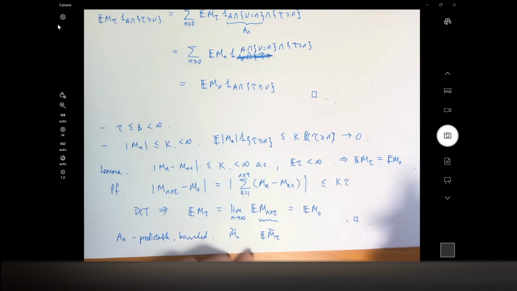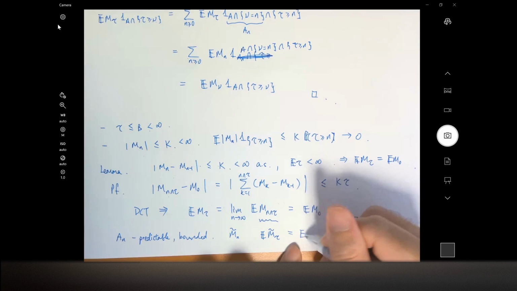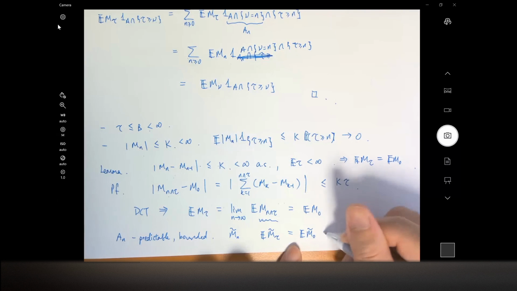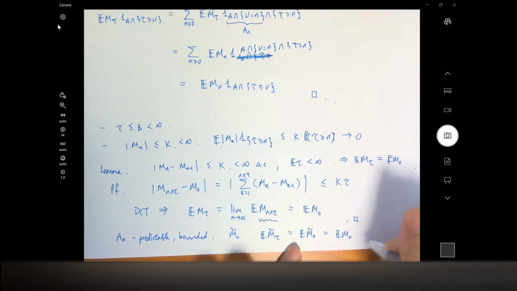So it turns out that you also have this property, which is the expectation equals M0. So I'll leave the proof to you guys over here. This is quite simple. You just have to follow the definition of the martingale transform.